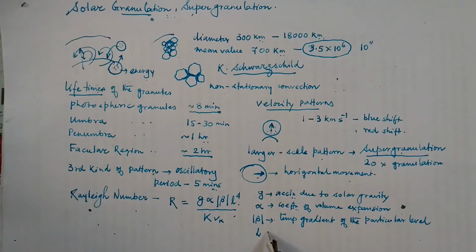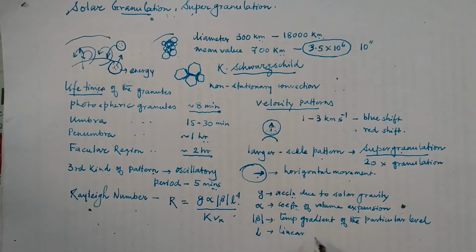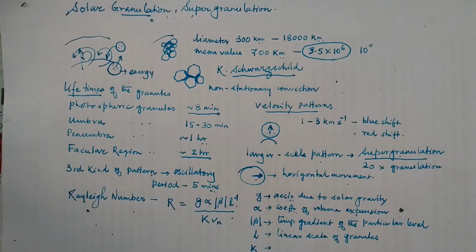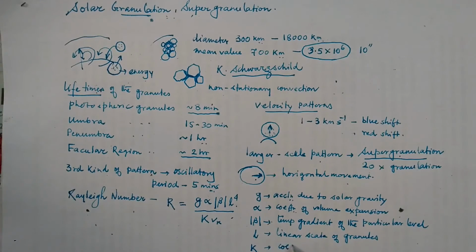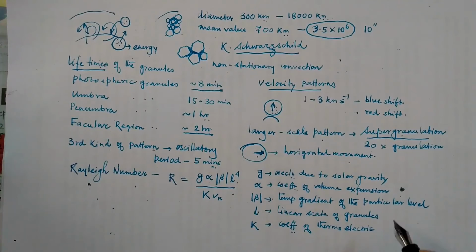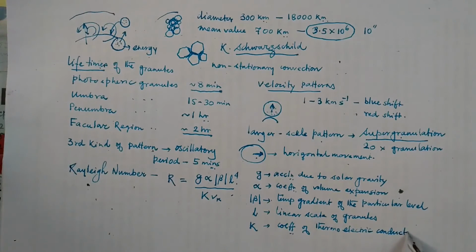L is the linear scale of granules. And K is the coefficient of thermal conductivity of the gas. And Vk is the kinematic coefficient of viscosity.